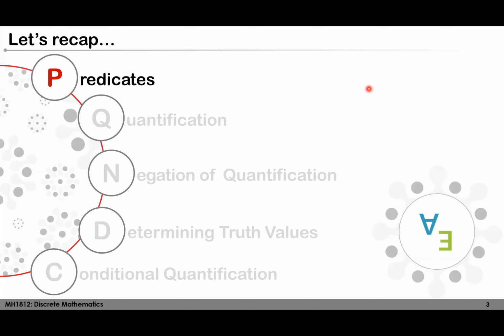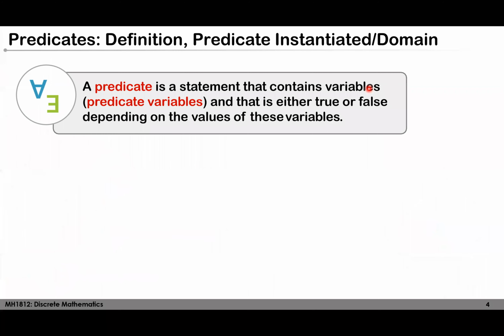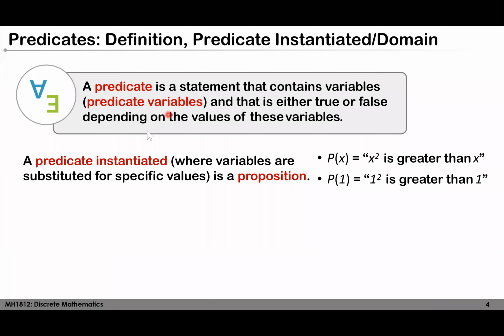We first encountered predicates. We know the predicate is the statement that contains variables named predicate variables. So the predicate instantiated is the proposition, and we know the predicate is usually more general than a proposition, and it is more expressive.